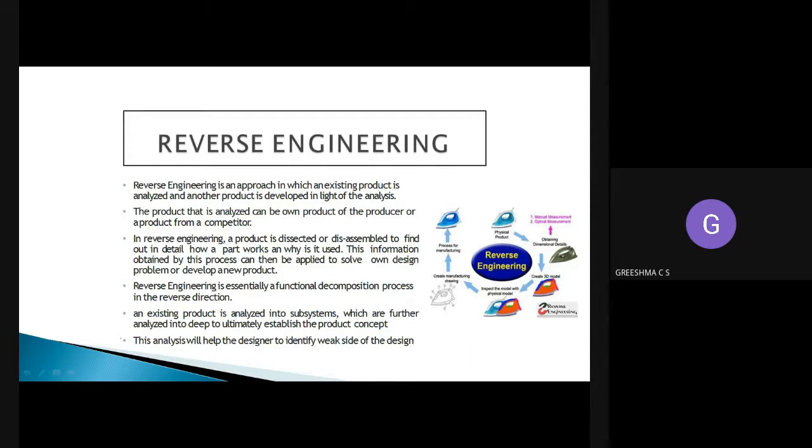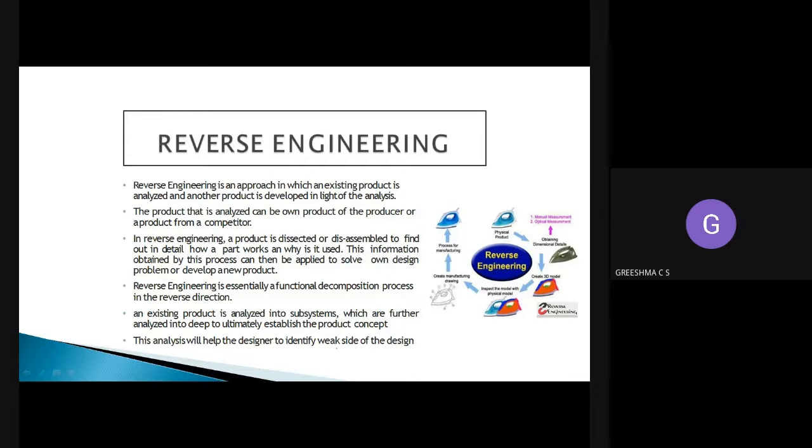So reverse engineering is essentially a functional decomposition process in reverse. Okay, so it's a functional decomposition process. That is, a function is decomposed into a new process. An existing product is analyzed into subsystems, which are further analyzed in depth to ultimately establish the product concept. This analysis will help the designer to identify the weak side of the design.